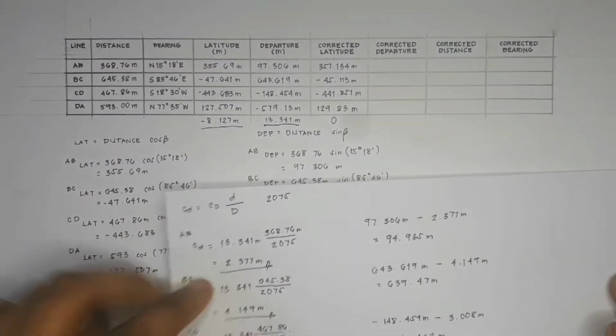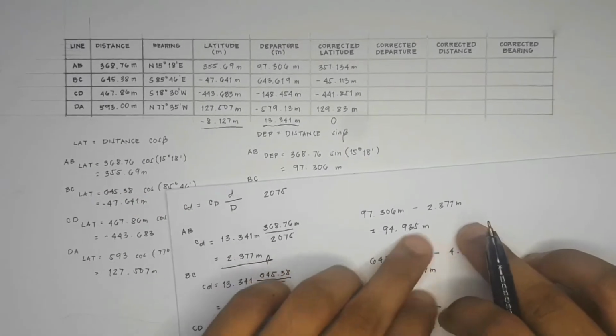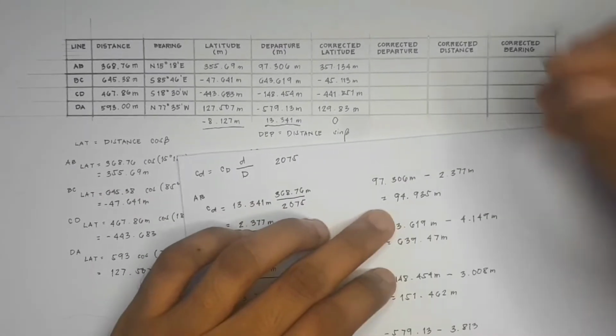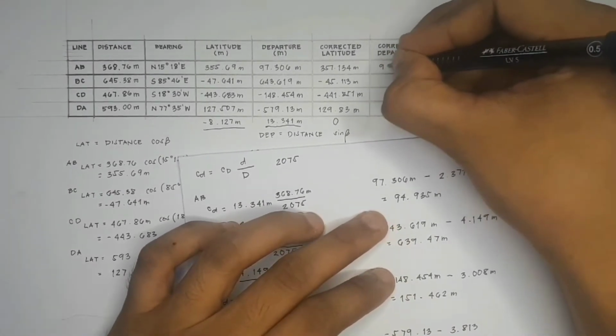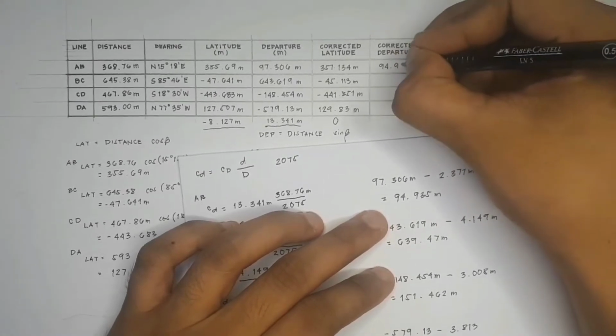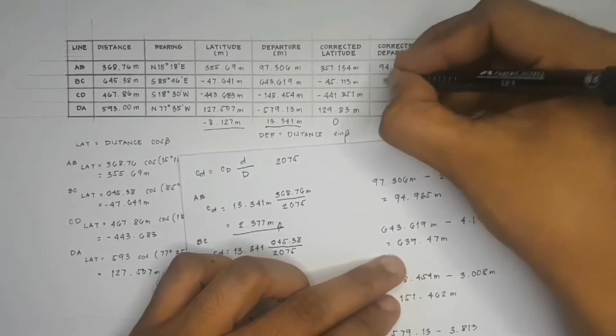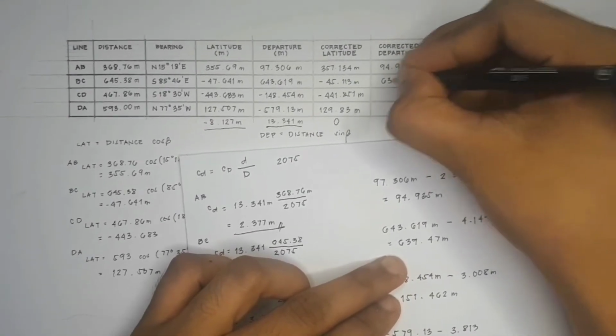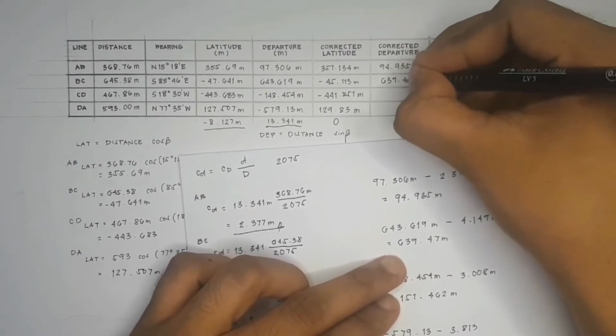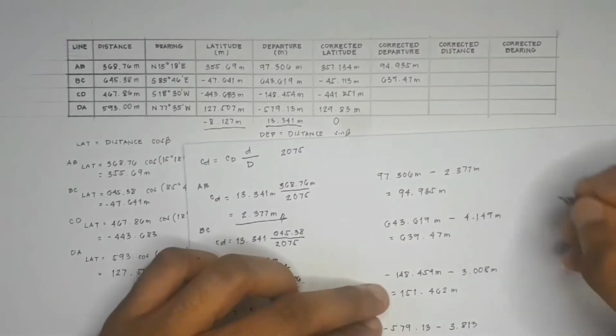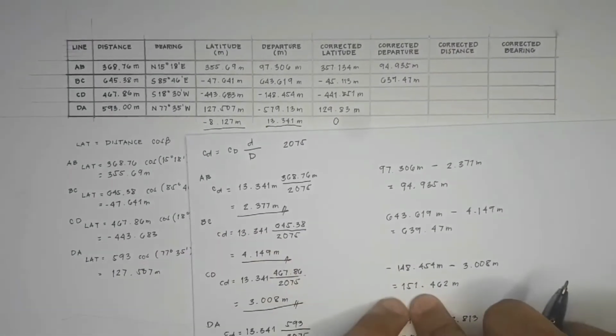So we have here the corrected departure of line AB, 94.935 meters. For line BC, we have 639.47 meters. Next is line CD.